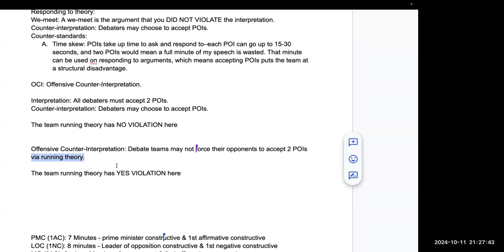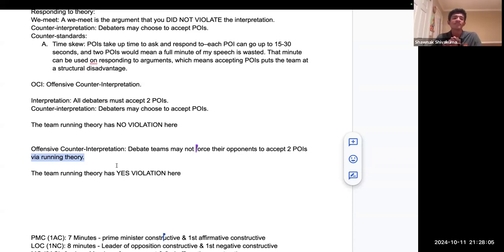So you want to run an offensive counter interpretation to circumvent needing to interact with RVIs when it's run on you. It doesn't matter whether there are or aren't RVIs. Then you win by winning the theory shell, since they get dropped for violating the interpretation you've set up.